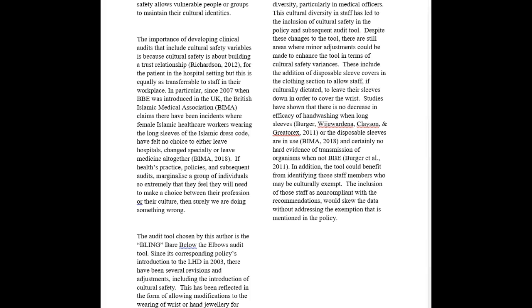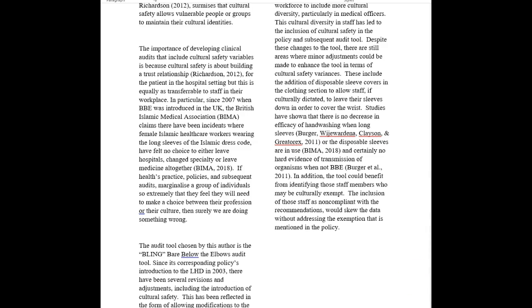So the student goes on in this paragraph to talk about building trust relationships, really important, and in particular cultures there are reasons for why we need to think about cultural safety variables for people who are not white, Anglo-Saxon, Caucasians, or whatever your dominant culture is where you are.